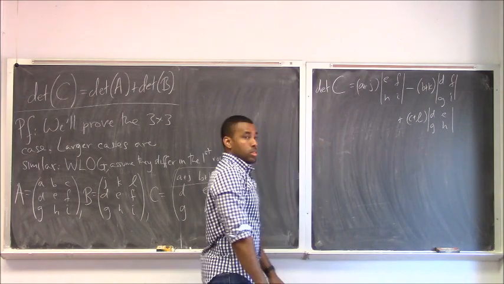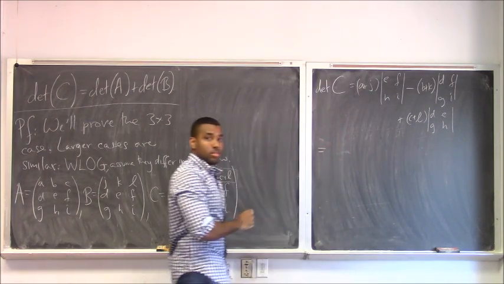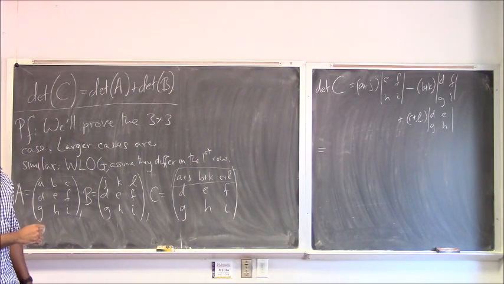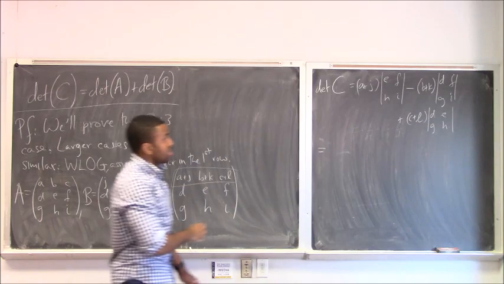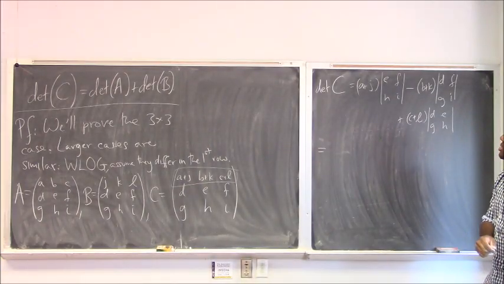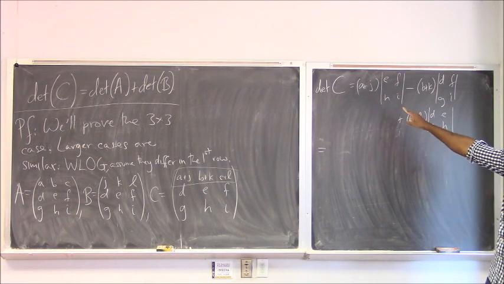Okay. Do you see what we can do now? Are you seeing where we're going with this? If we expand along the first row for both A and B, then you'll have, well, let's continue with this one. What can we do here?